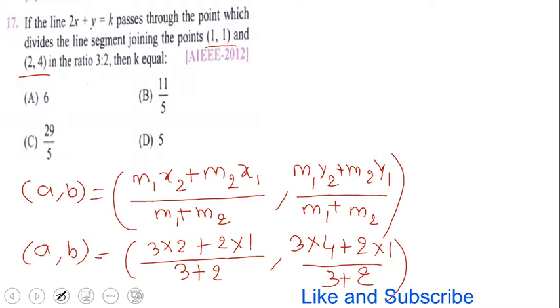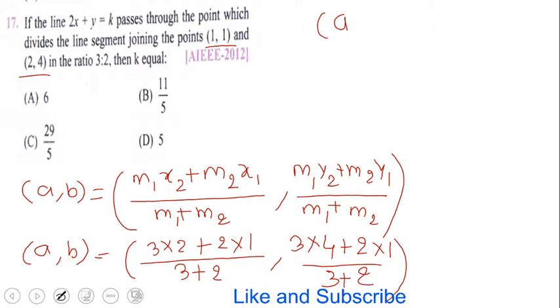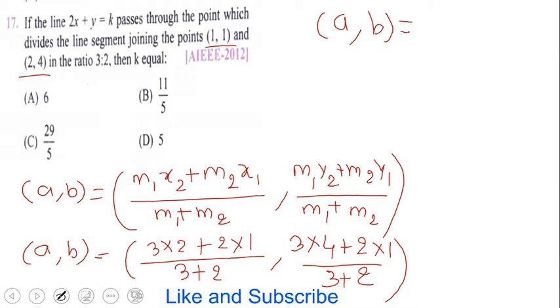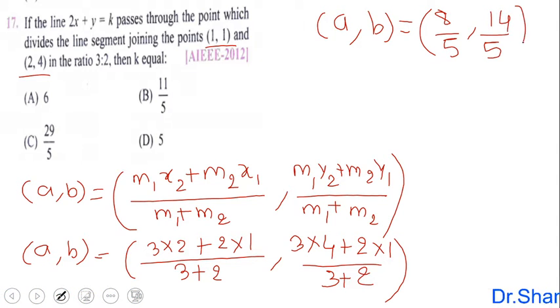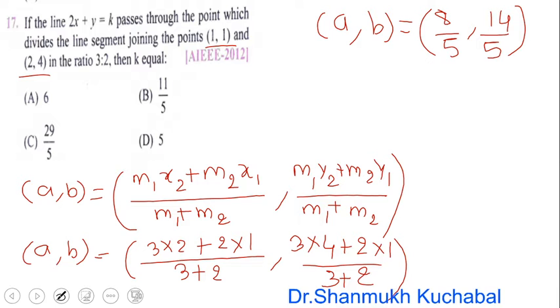So we will simplify. LHS, there is no change. RHS simplification, we get 8 divided by 5 comma 14 divided by 5. Therefore the a value is 8 by 5 and the b value is 14 by 5.